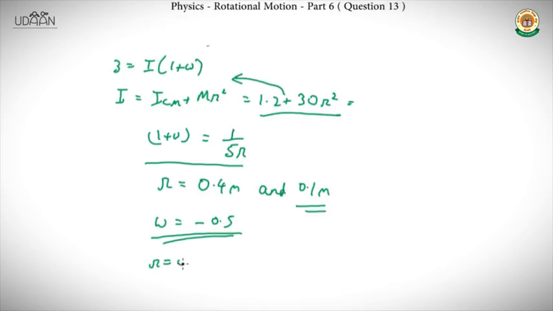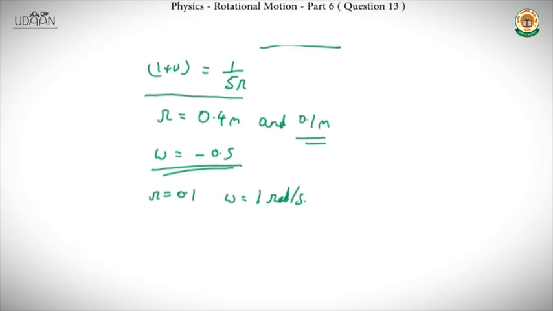Plugging in r equal to 0.1 into the equation, we get omega equal to 1 radians per second. This is a positive value as we needed, so we can be sure that the r value of 0.1 meter is the one which we needed. Here we see that the body is coming back with an omega of 1 radians per second, which was the initial omega also.